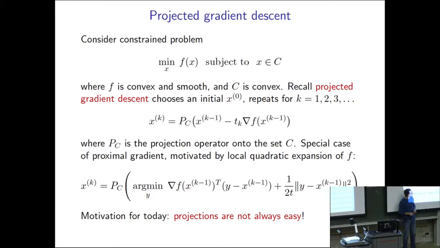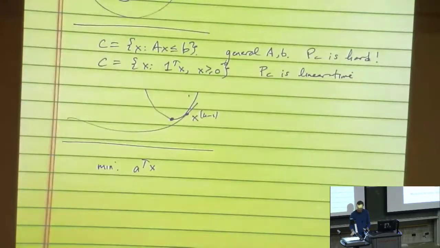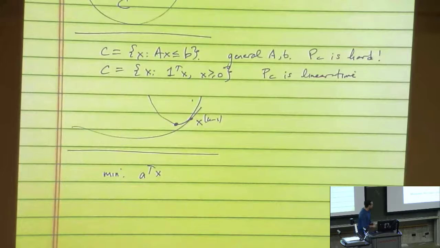So if we try to minimize a linear function, let's say you're trying to minimize a transpose x, the minimizer is going to be off at infinity somewhere unless a is 0, the all zeros vector. So we can't try to minimize a local linear expansion and then project, because just minimizing that is not going to make any sense. It'll give us something off to infinity.